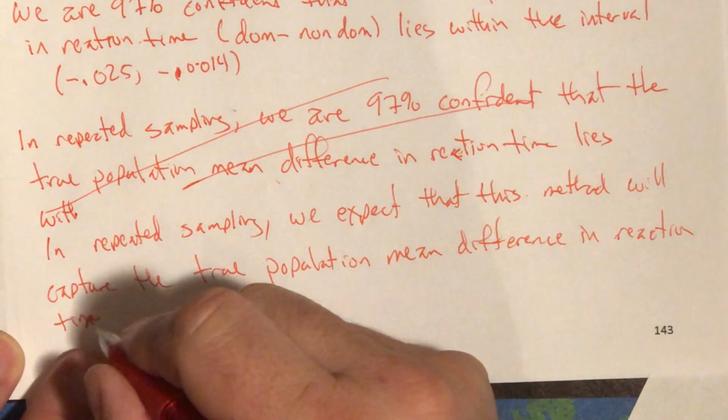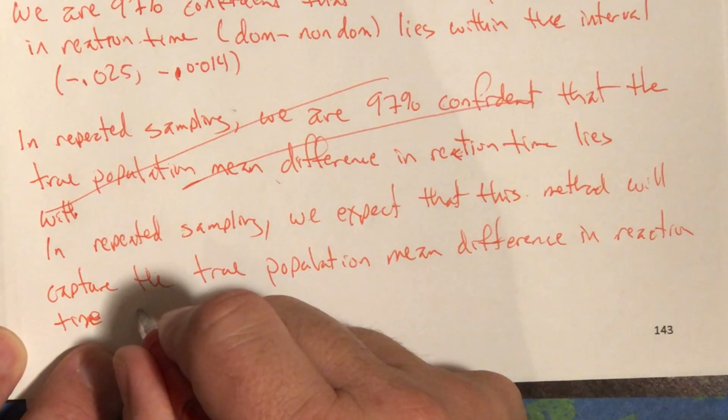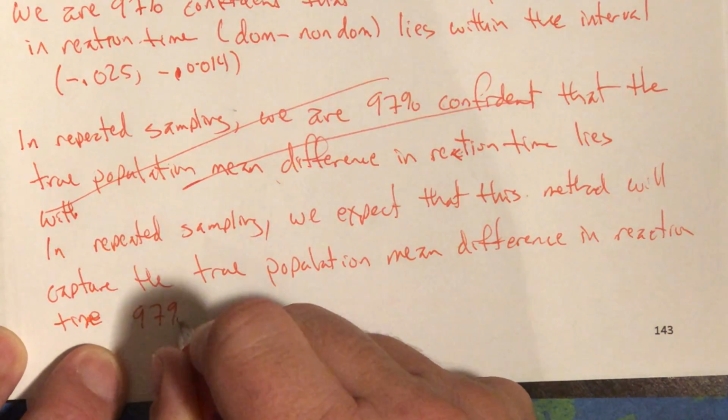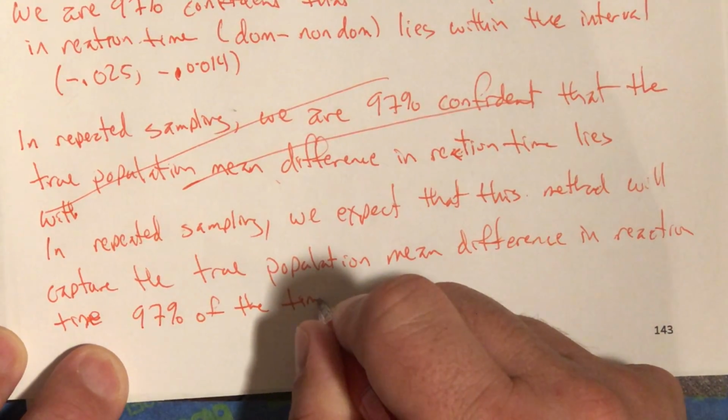How often? Well, our confidence level is 97%, so 97% of the time.